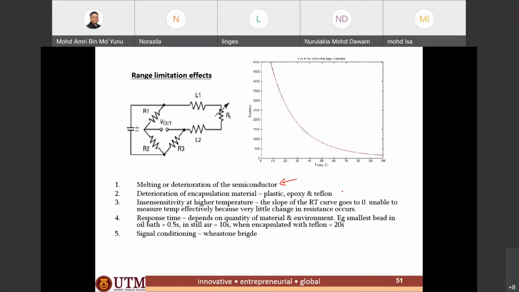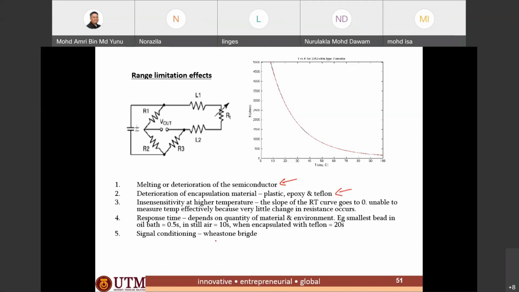Also the protective material like plastic, epoxy or Teflon, the same material used to package the common passive capacitor, is not suitable for very extreme temperature.